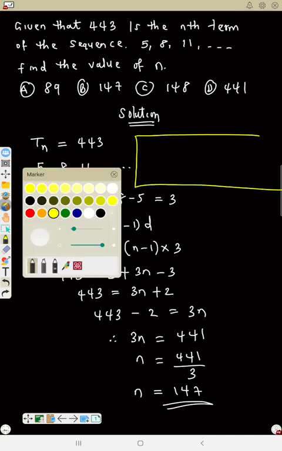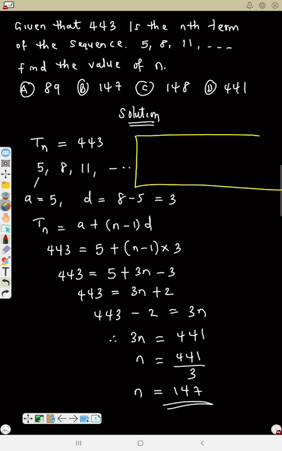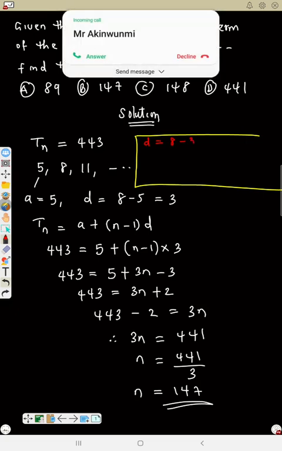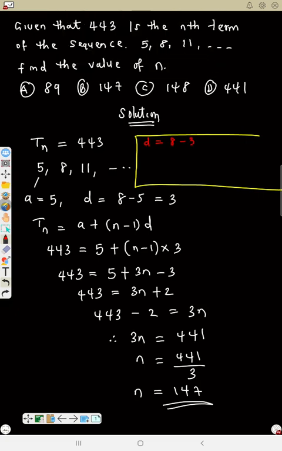If the question asks you to find n, you just need to know your common difference. What's your common difference here? 8 minus 5, so your common difference is 3.